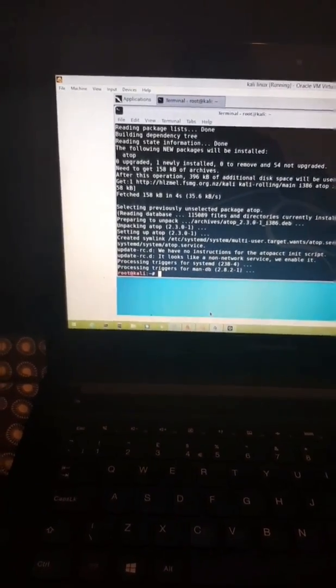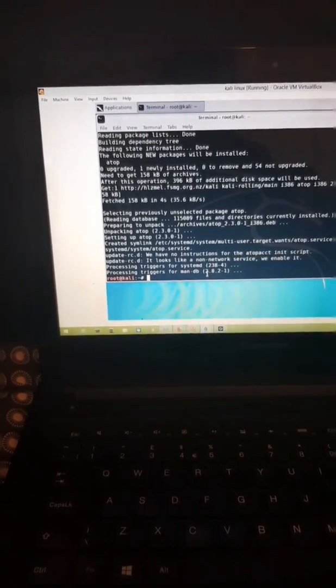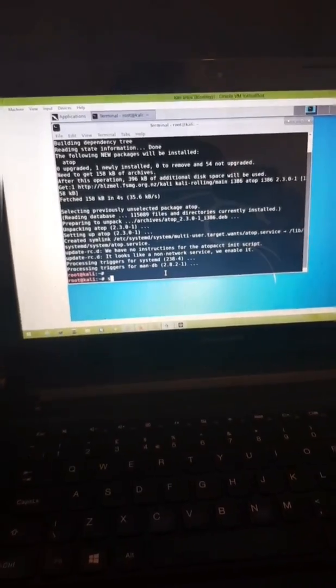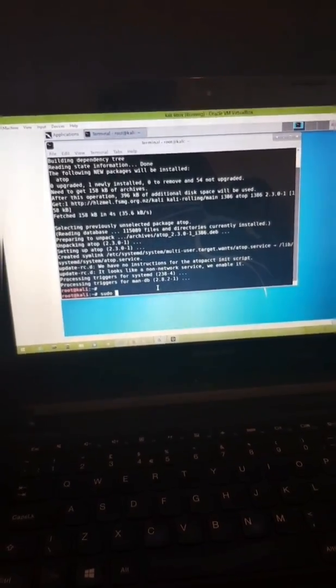Now that I have atop installed on my Kali Linux, to execute the command I have to type sudo atop. So it's going to bring out a lot of information, which is divided into two parts. The upper part is the system level, and the lower part is the process level.